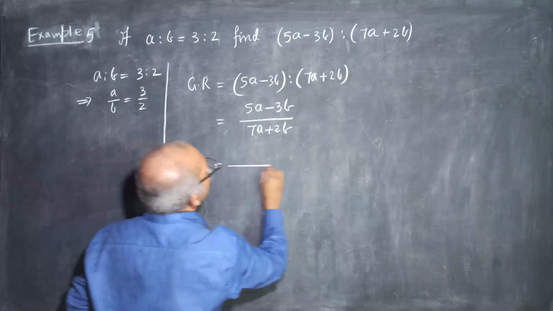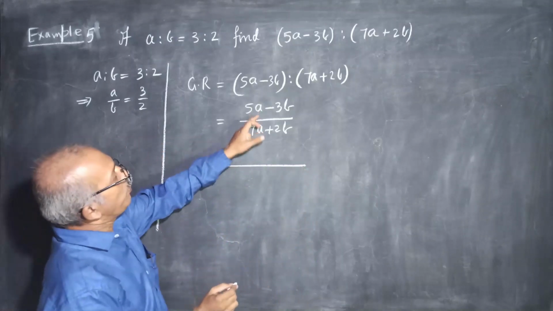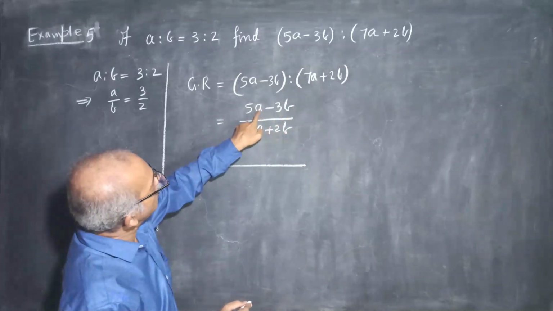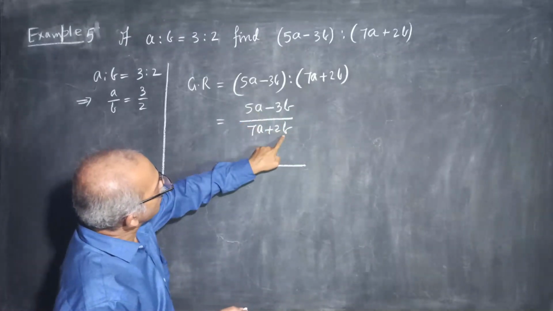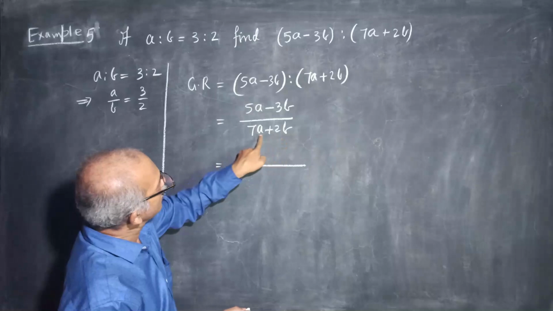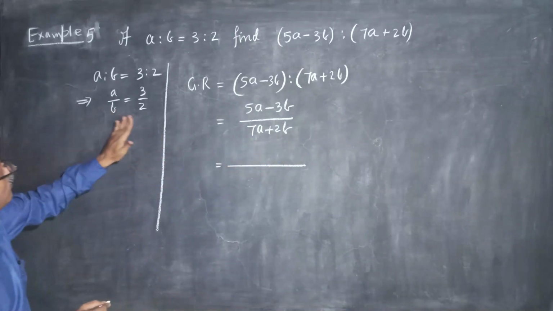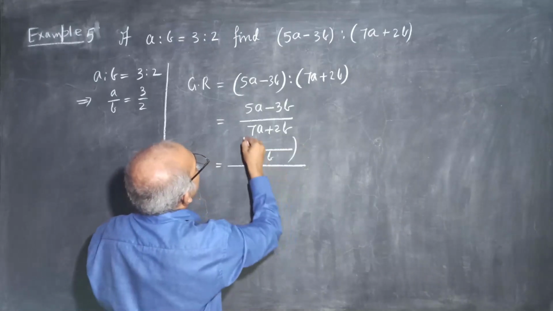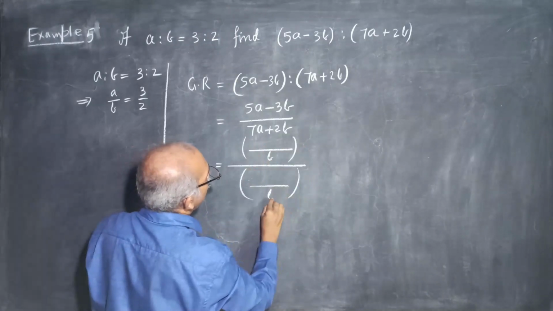Here we shall divide numerator and denominator by B. When you divide, this B gets cancelled, here you will get A divided by B. Here also in the denominator, B gets cancelled, here you get A by B. So A by B is also available here. So we shall divide numerator as well as denominator by B.